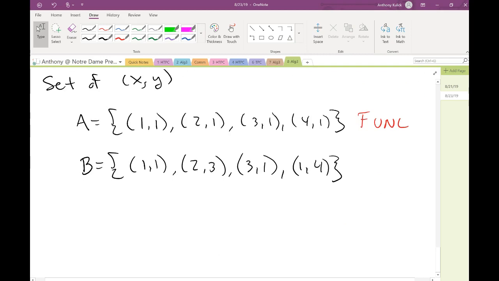What about this? Is this a function? No. Okay, why not? So we have the x-coordinate of 1 that's used more than once. We have 1 paired with 1 and also 1 paired with 4. That's not a function.